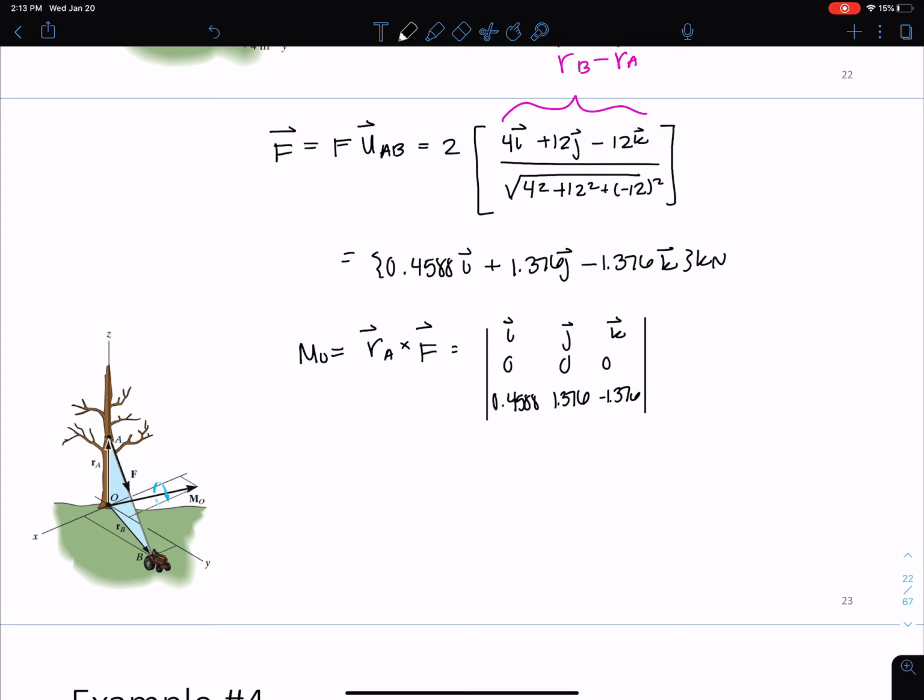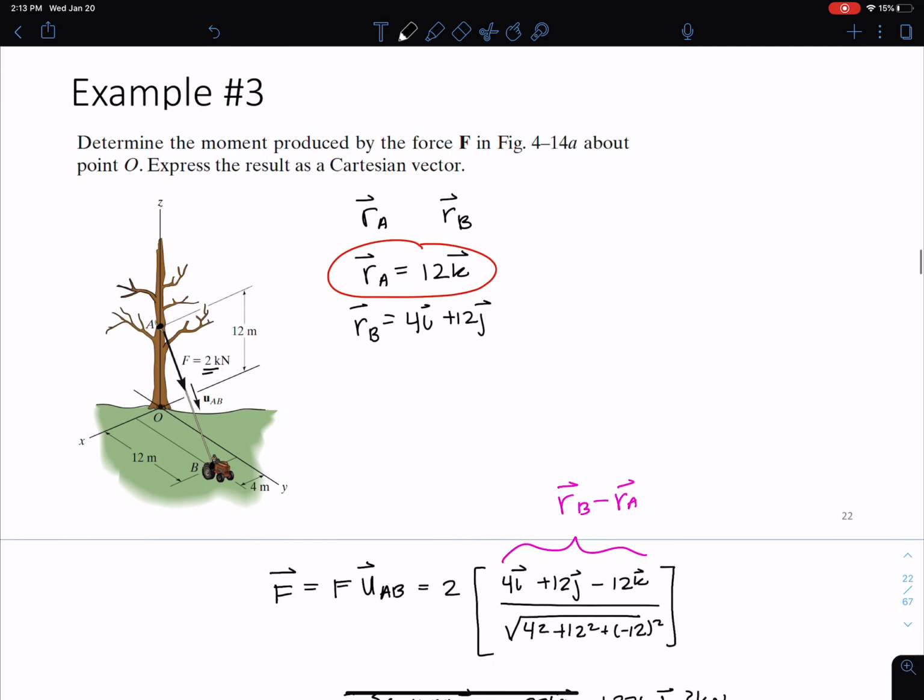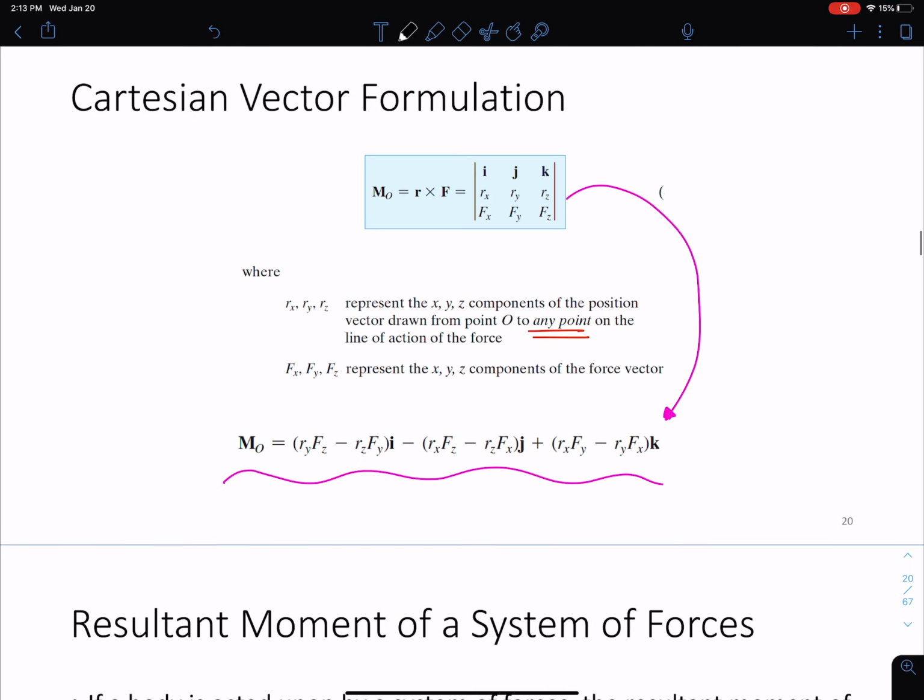Okay, and basically here I end up getting 0 times negative 1.376 minus 12 times 1.376, and this is in the I direction. I'm just plugging directly into this equation here.